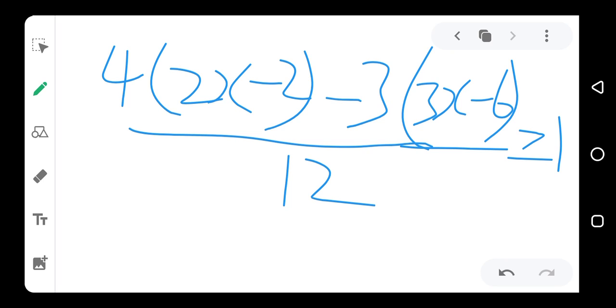Now we have to take this 12 to this side by multiplying both sides by 12.